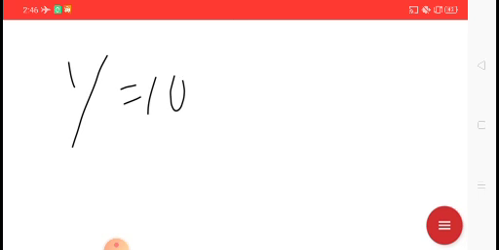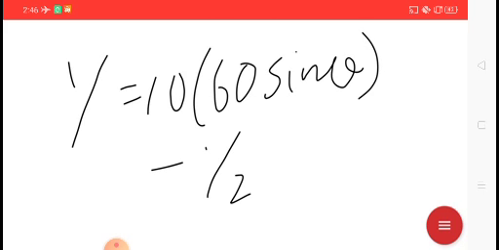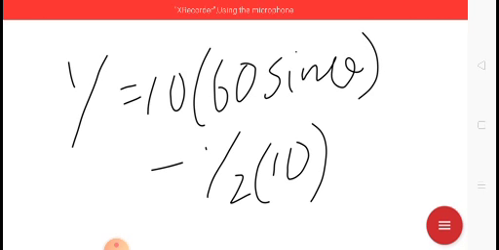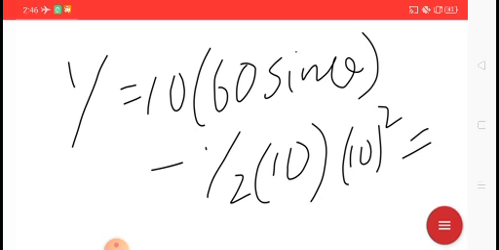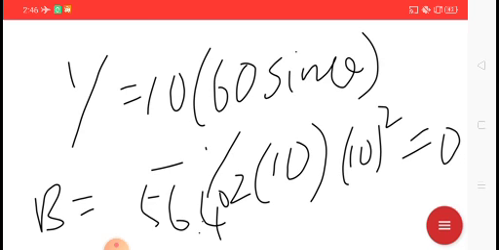You can form an equation: y equals 60 sin theta times t, minus half g t squared, equal to 0. From this, you are able to find that the angle b will be equal to 56.4 degrees. So that is question 1, part 1, A, B, C.